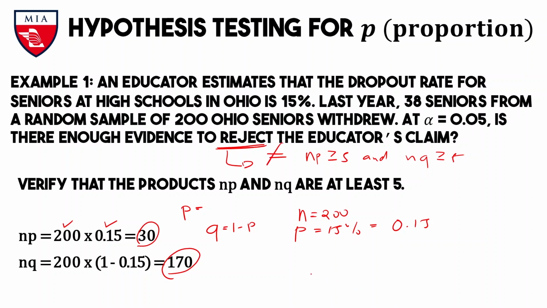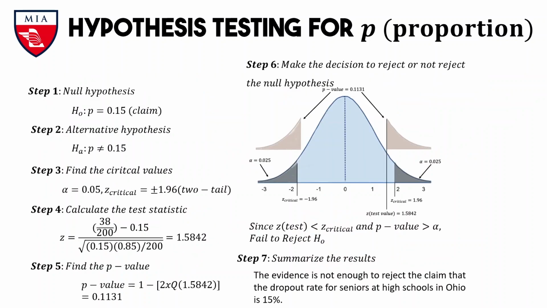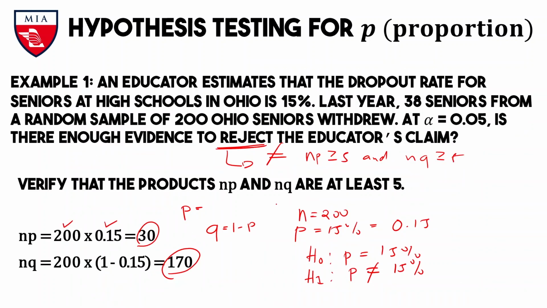Therefore, our alternative hypothesis is P is not equal to 15%, and our null hypothesis is P is equal to 15%. Is it correct? We will just convert this to decimal.